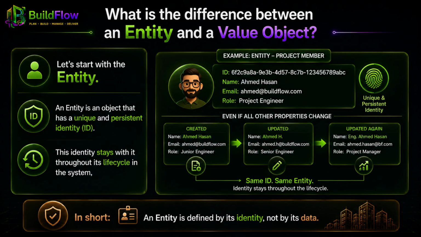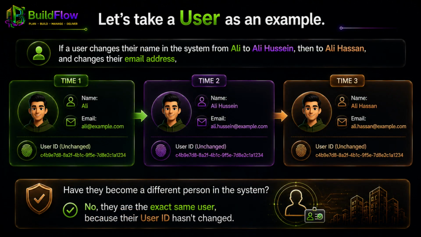An entity is an object that has a unique and persistent identity, an ID. This identity stays with it throughout its life cycle in the system, even if all its other properties change. Let's take a user as an example.